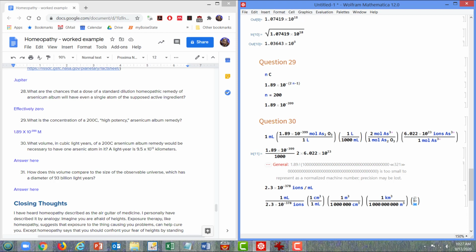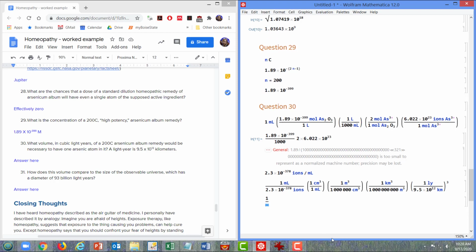So we have 9.5 times 10 to the 12th kilometers in 1 light year. We'll call it an LY. Now this one is harder to do by just adding zeros. You can't just do that. So I'm going to label this one as cubed like this. So looking at our calculation, we have, which you would plug into probably Wolfram Alpha.